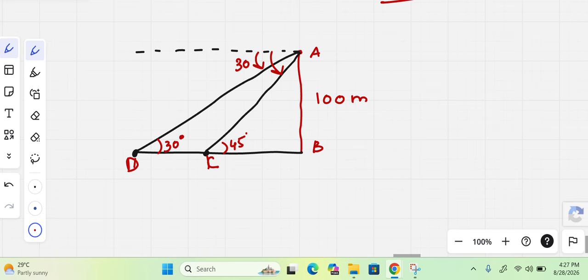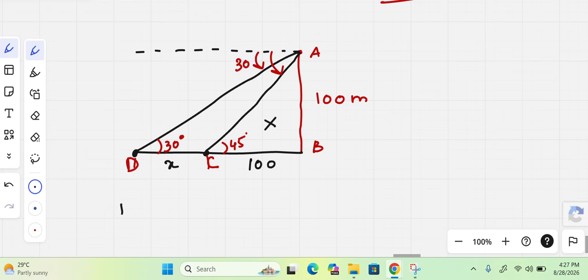Done? Or should I solve it? See, this I think you all would have solved. In this diagram it is 45, so automatically this one becomes 100. Now this is your x. So tan 30 equal to 100 by (x plus 100).